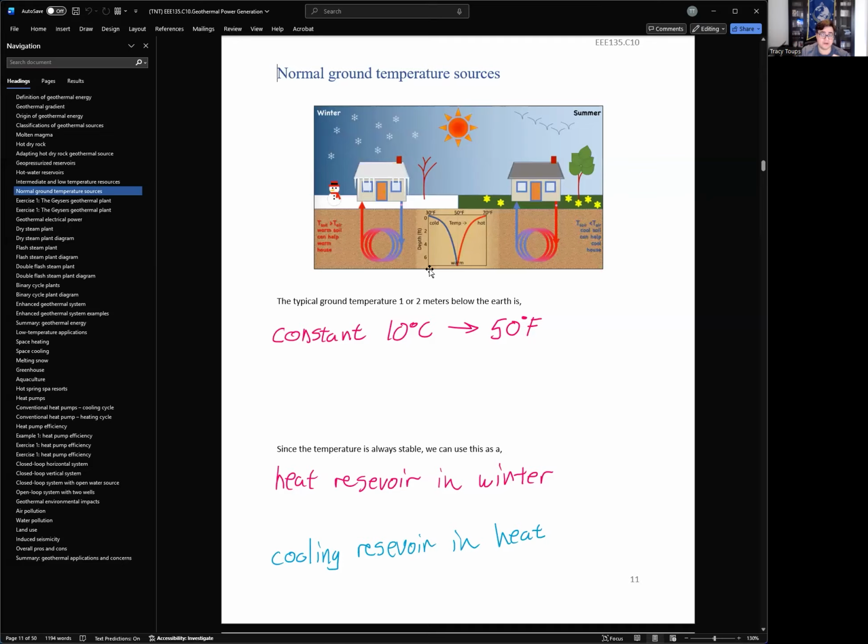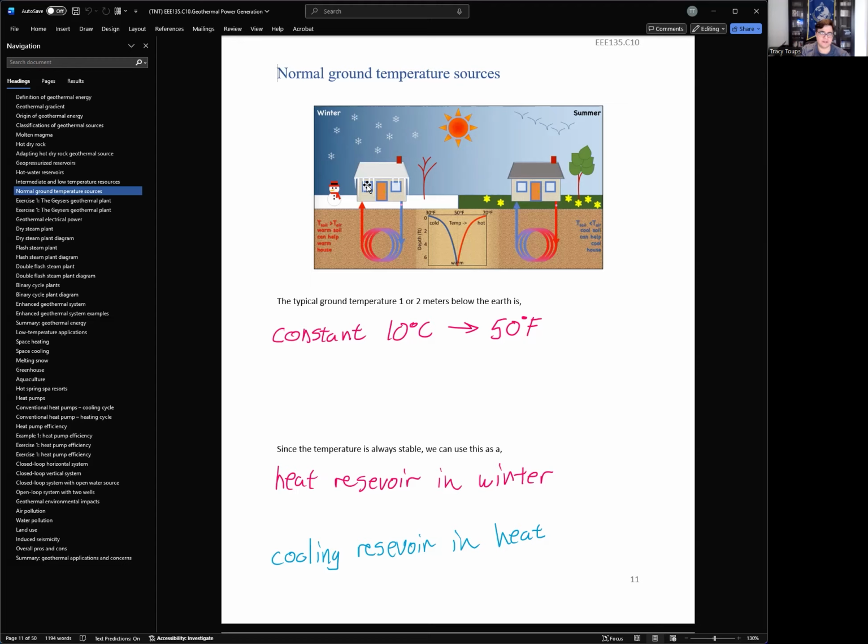In the winter, we could take that 50 degrees and help heat our home a little bit, because let's say in the winter, if it's snowing, it could be 20 degrees Fahrenheit outside. That's pretty darn cold. So pumping 50 degree water into our house will elevate it higher than the 20 degrees outside, right? So it's kind of like an additional system to your heater to help bring the temperature up a little bit, okay?